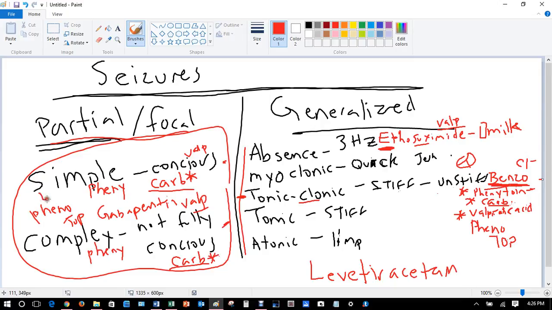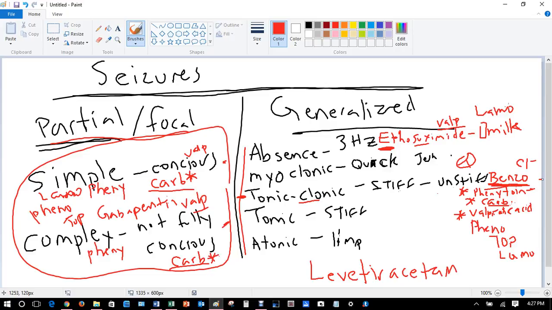I didn't write it on here for one. Man, I'm slacking here. I wrote lamo. Okay, lamo is good over there. Lamo is good here. Lamo is also good here, and that's a big deal because what are you going to give somebody who's having absence seizure? If they can't take valproic acid because they're pregnant and they can't take ethosuximide for some random reason. I don't know. But anyway, lamotrigine is a good drug there for that. Sorry, going back down.